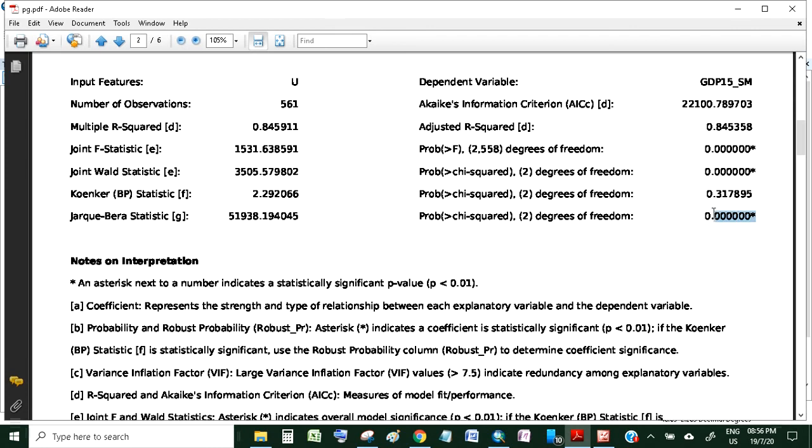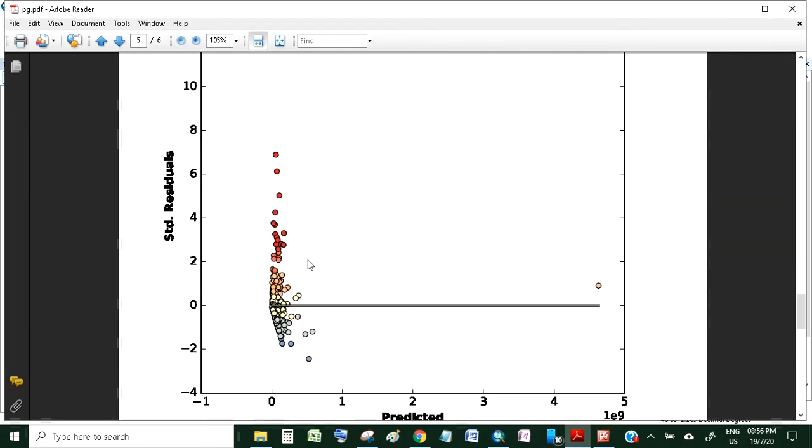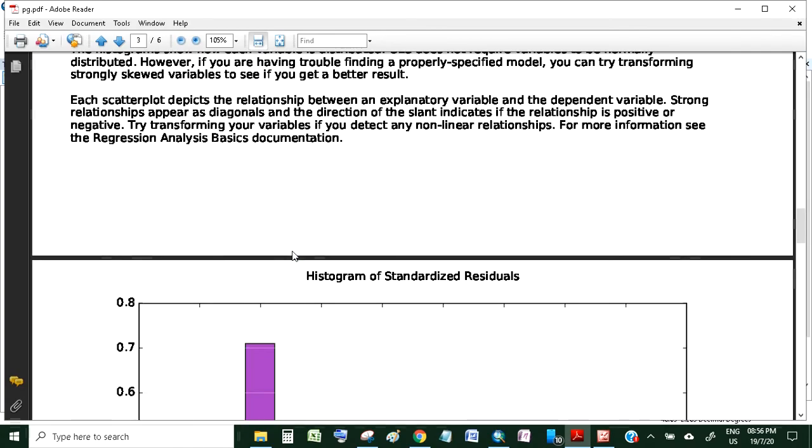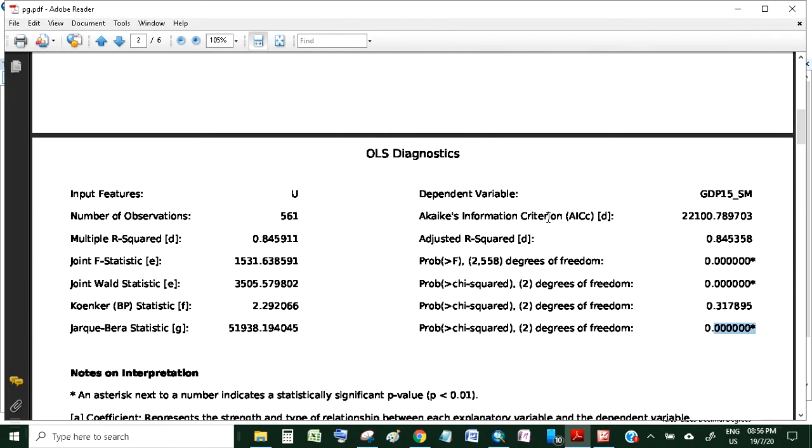It means your residuals are not normally distributed, and you have seen that here. So this is not the end of the story, and there are many things in your hand. You can increase the explanatory variables, you can decrease the explanatory variables, and if you find some data error, then you can remove that error.